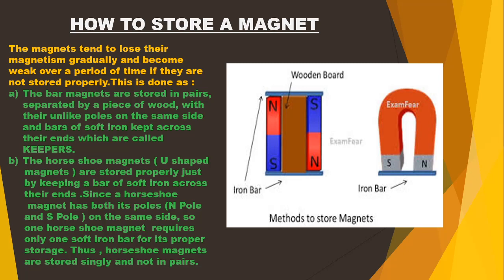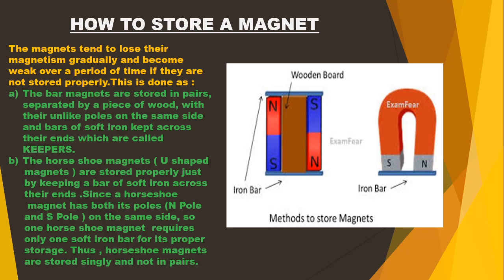When it comes to storing a horseshoe shaped magnet, that is a U-shaped magnet, it is stored properly just by keeping a bar of soft iron across its ends. You can see the iron bar kept just across the ends.